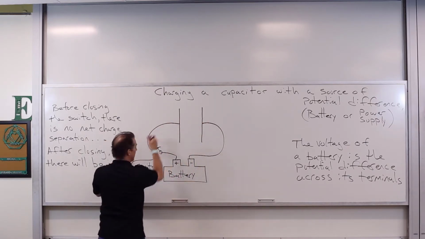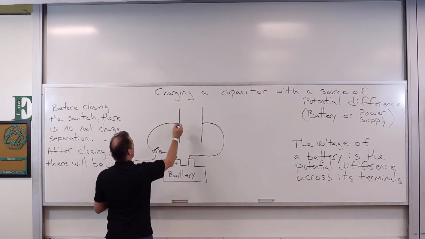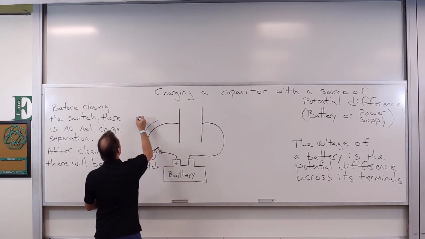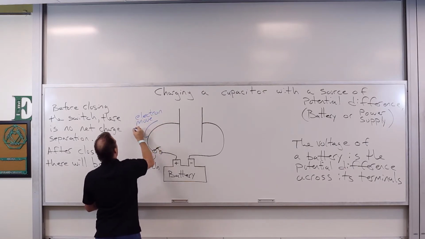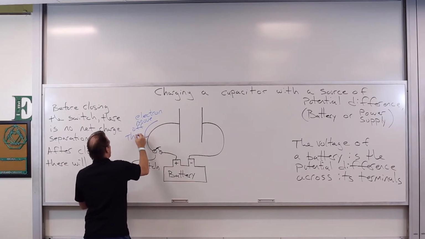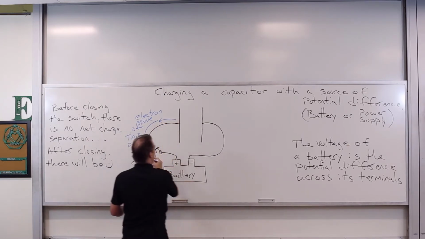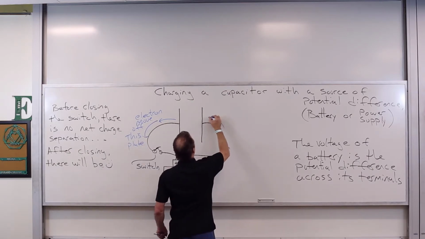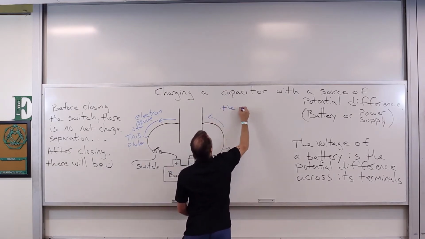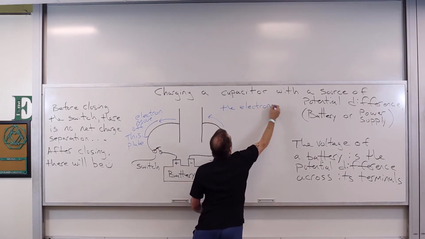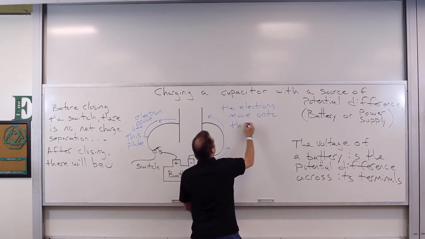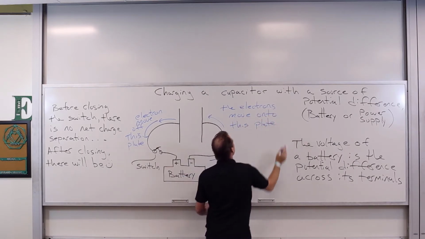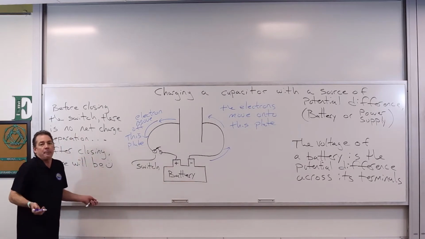So electrons are going to come off this plate and move onto this plate. That's what the battery makes happen.